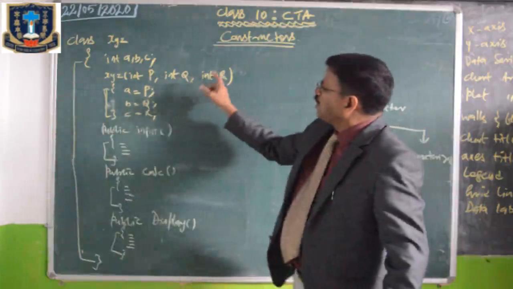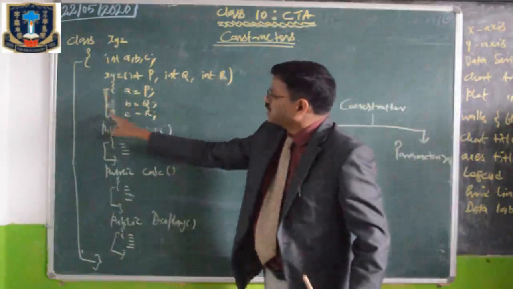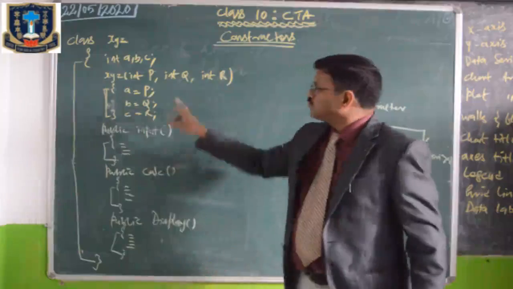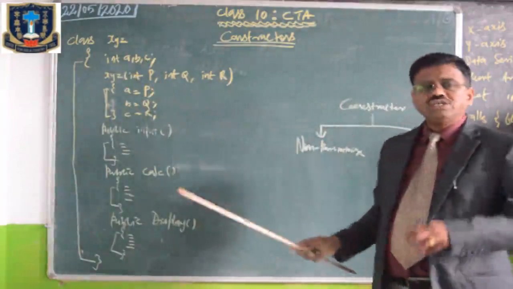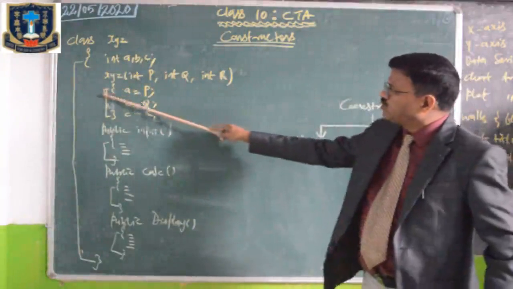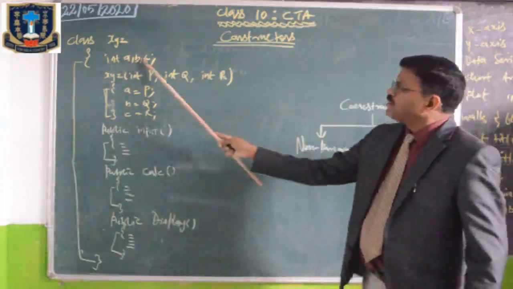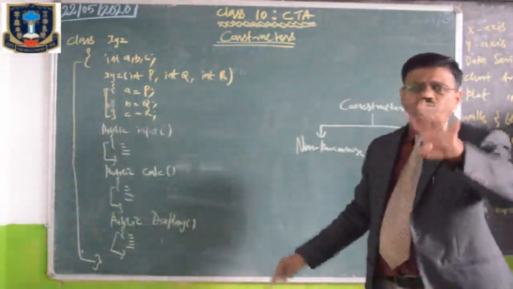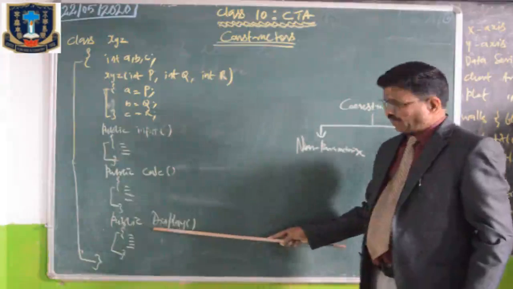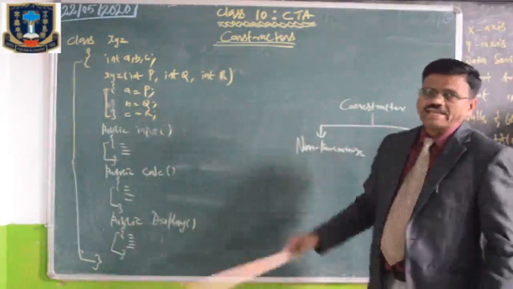P, Q, R are the variables that can be used within this method. I cannot use them here because you did not declare them. So P, Q, R are called local variables. I can use them locally within this method, not beyond that scope. A, B, C are the global variables. I can use them in all four methods: the fourth is display, the third is calc, the second is input, and the first is XYZ.